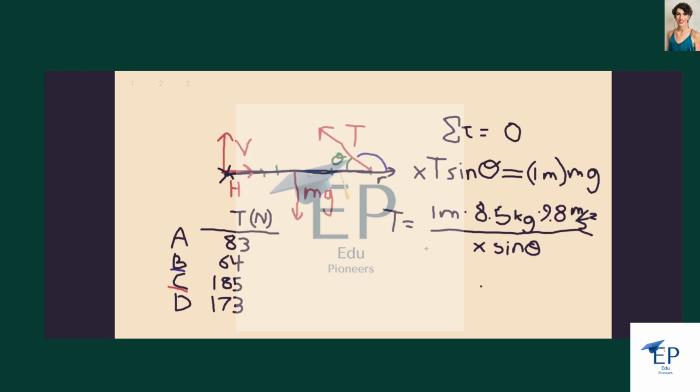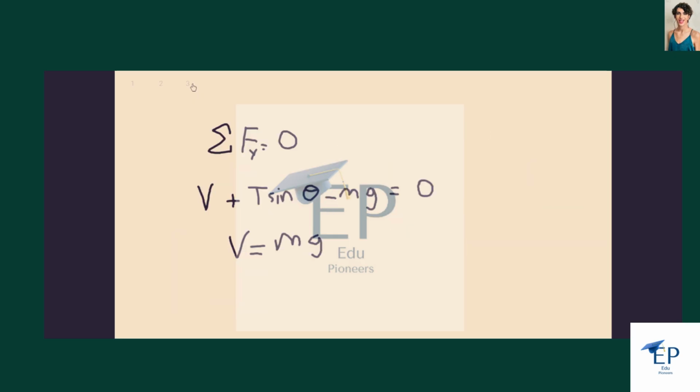So let's go back and grab our expression from the first page. And so we have minus 1 meter times mg divided by x.